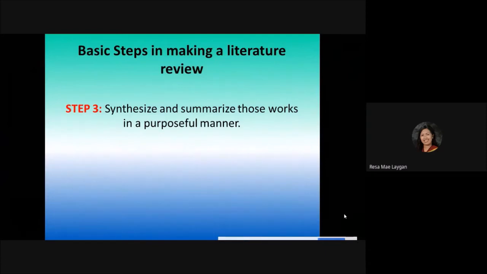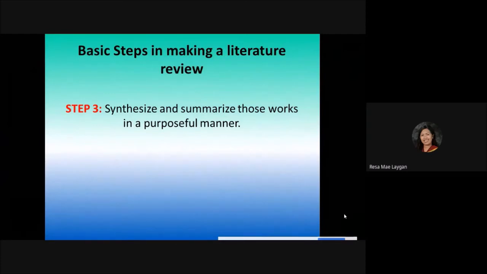So in doing your review of related literature, maybe your advisor or your research teacher will give you a guide on how you conduct, on what things you are going to research, on what things you are going to study.